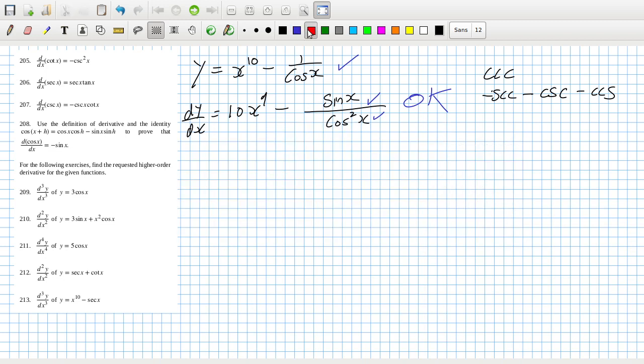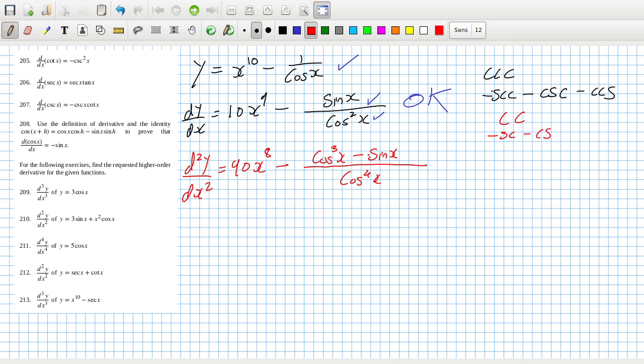Okay, so what did I do wrong? I do not know. Second derivative. That's 90x^8 minus the bottom squared, the bottom times the derivative of the top. Sine becomes cos. Minus the top times the derivative of the bottom. And cos squared is cos cos. That'll become minus sine cos minus cos sine minus 2 sine cos.